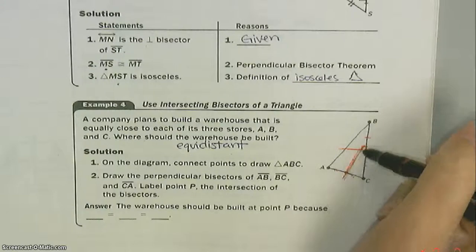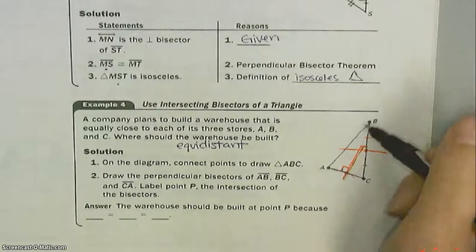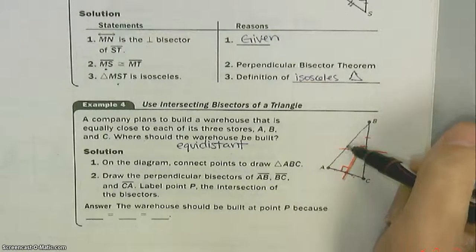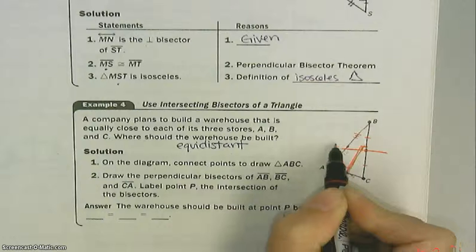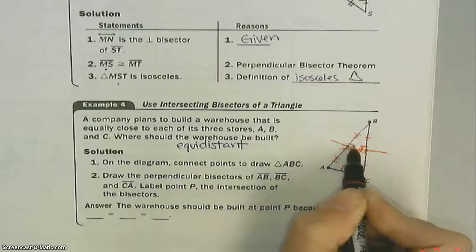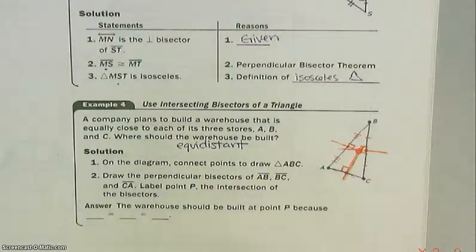Maybe it should be this way just a little bit more. That looks like a right angle. Now we've got to find the middle over here. All right, 1, 2, 3. And we've got to make a right angle. This is where they all meet.